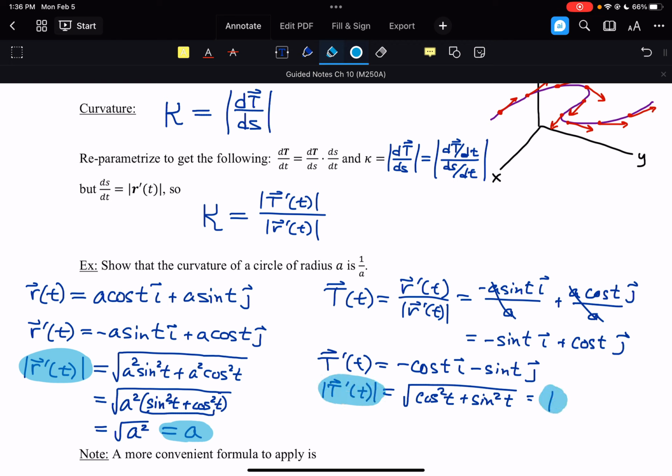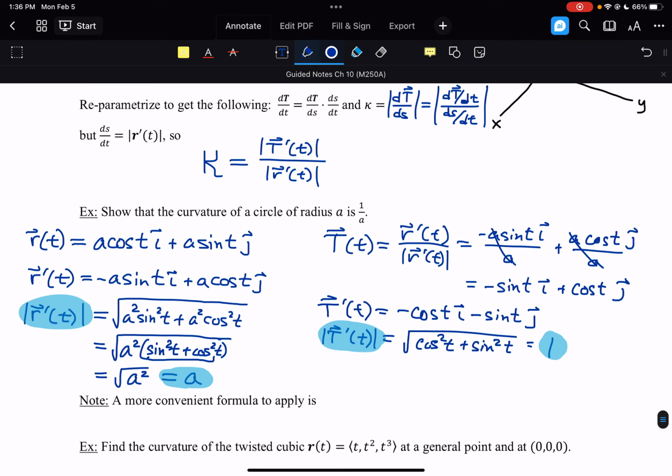So that's the length of T prime of t. So our curvature, which is the length of T prime over the length of r prime, is 1 over a. So we do get 1 over a. So a constant curvature for a circle of radius a.